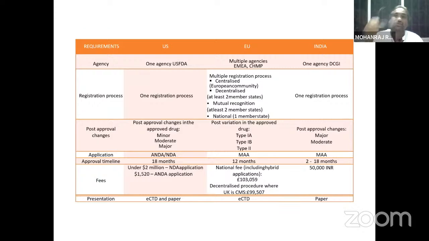Sir, of course, it is an excellent topic, sir, which is the need of the hour for faculty members to update their knowledge in regard to the ICH guidelines, European guidelines, and US guidelines.